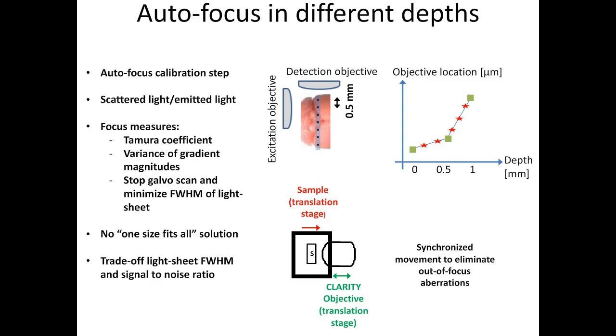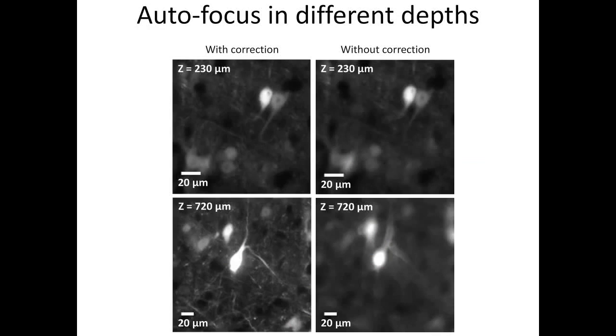So I'm using something like 7 micrometers. And just to wrap up, this is autofocus. This is with correction, like the movie that you see, and this is without correction. So you can see that even a very small variation of something like 5 micrometers between the detection objective and the light sheet causes severe aberration that you need to take into consideration.